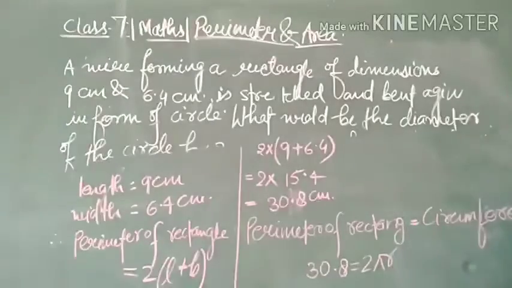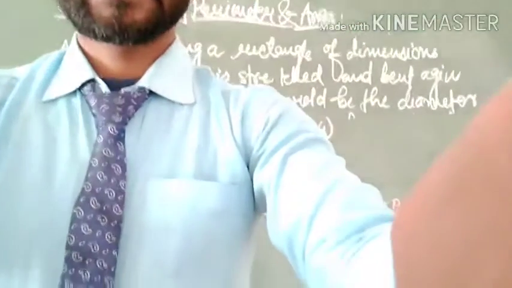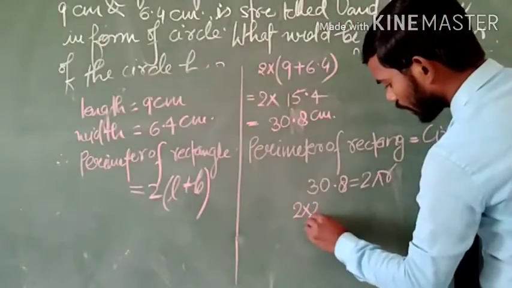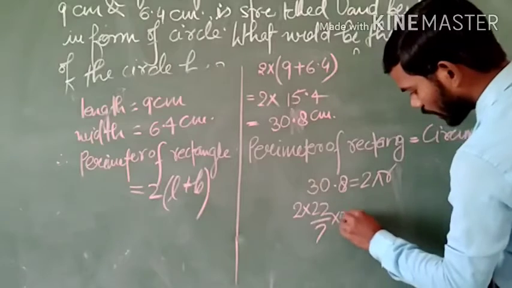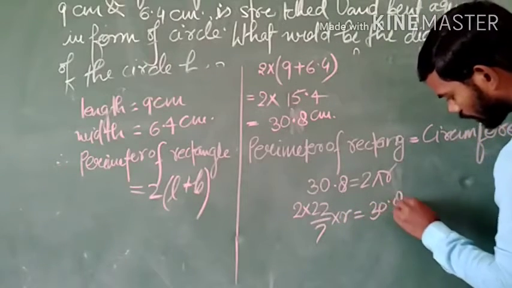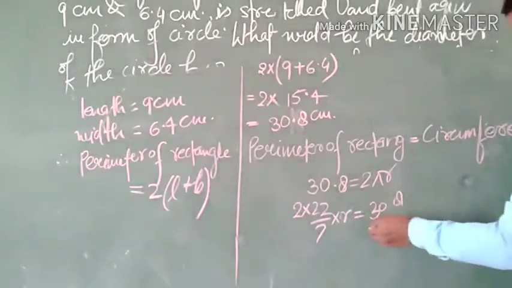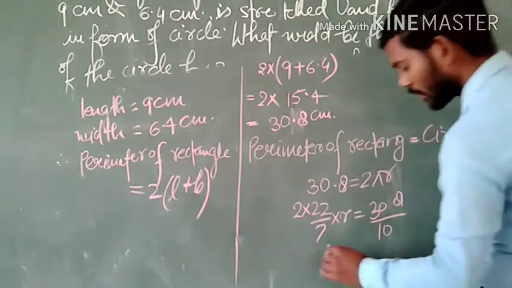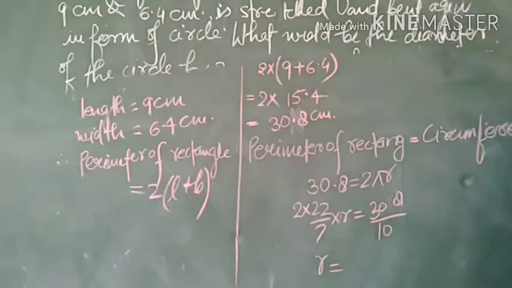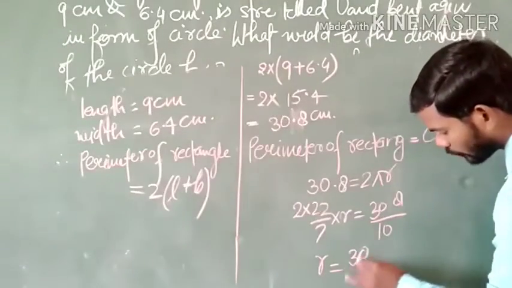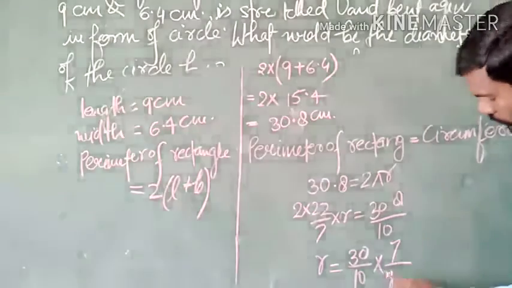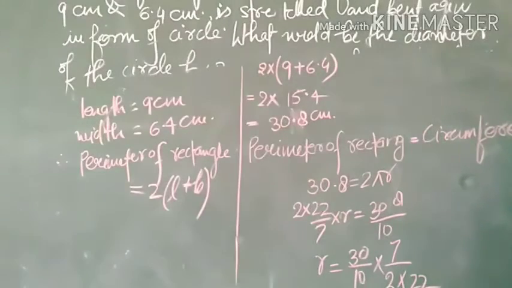Now just solve it. We get 2 into 22 upon 7 multiplied by r is equal to 30.8. You can also write 308 upon 10, as I told you. So when we solve, we get r is equal to 308 upon 10 multiplied by 7 upon 2 multiplied by 22.